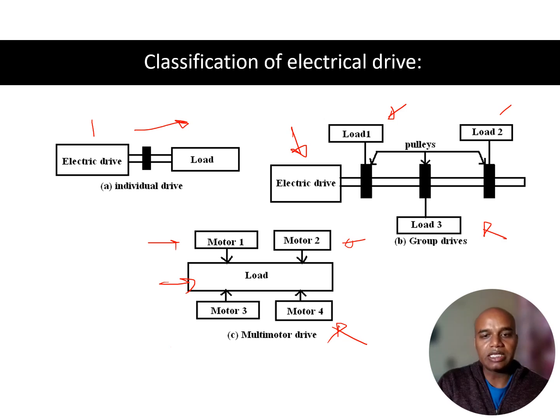So here, this can be a picture of my electric vehicle where I have four motors on all four wheels. Similarly, this can also be seen as an EV application where only one motor is being used for driving my EV.